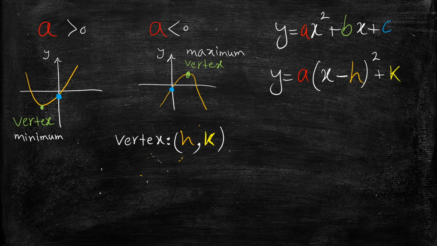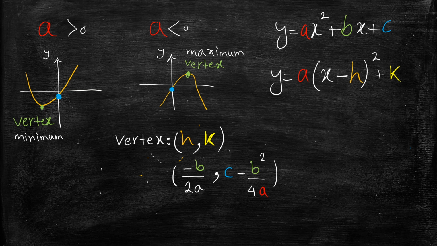And if we want to express it with a, b, c, the x is minus b over 2a, and the k of it is c minus b squared over 4a. So those are the coordinates of the vertex, or the minimum and maximum of the equation, depending on the sign of a. So already you know h equals minus b over 2a and k equals c minus b squared over 4a.